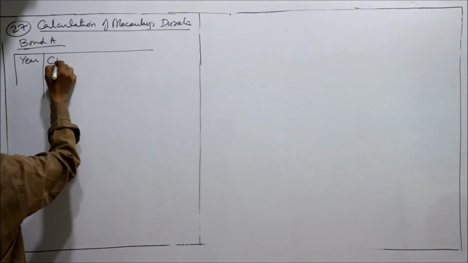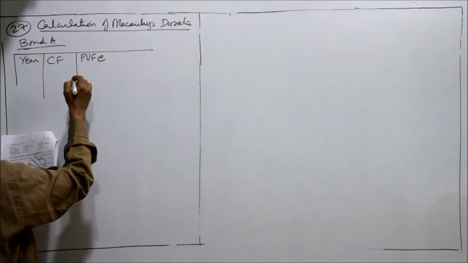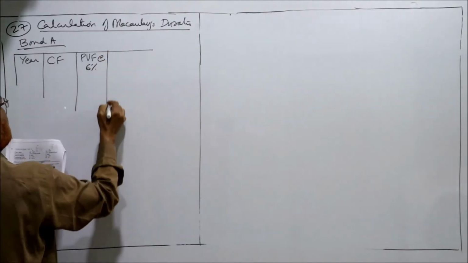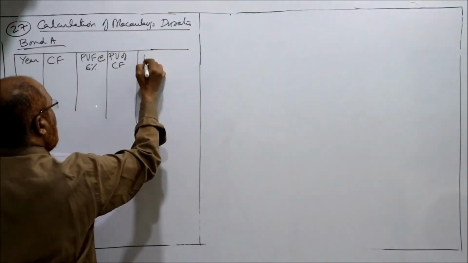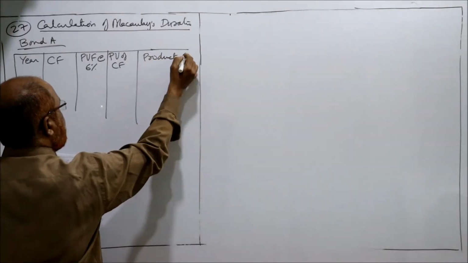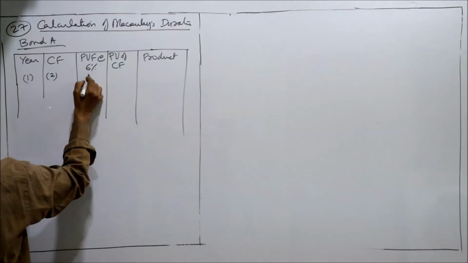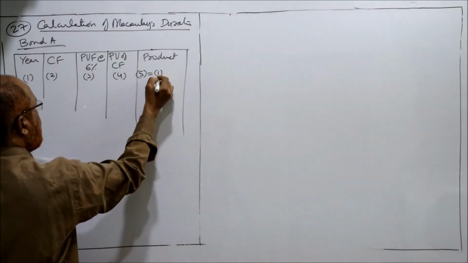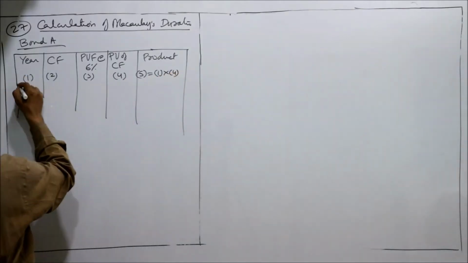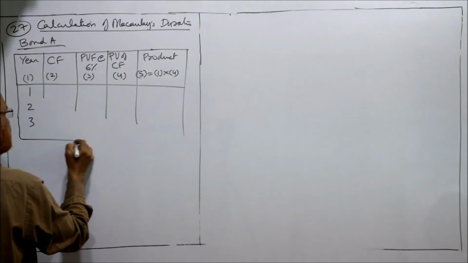Year, cash flow, PV factors at the rate of 6%, then PV of cash flow, product. Three years, so 1, 2 and 3.